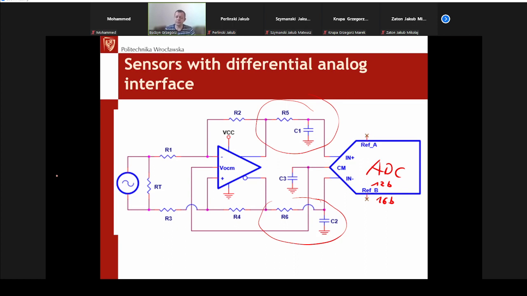It's not true. So the good quality starts with the good quality of the analog part, of low noise analog part, and of good anti-alias filtering, and of adapting the sensor range to the input range of the ADC, so to utilize the most of the ADC that we can have.